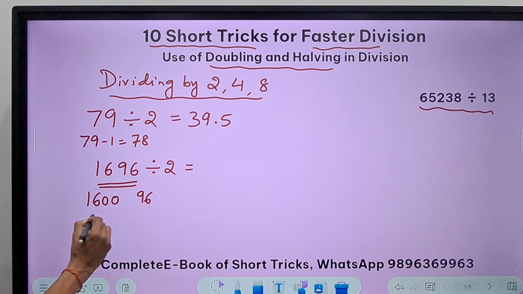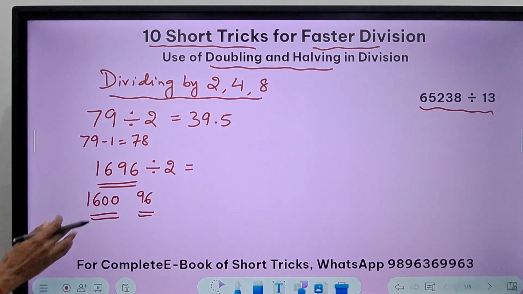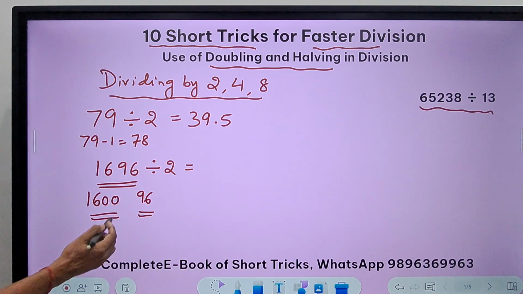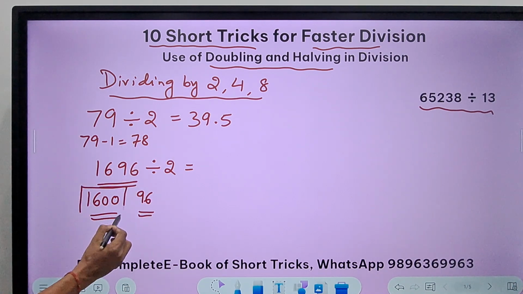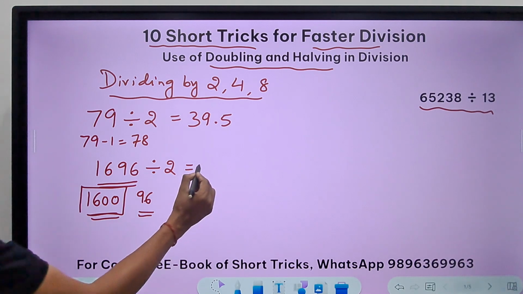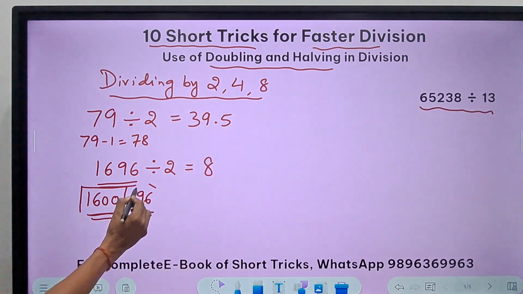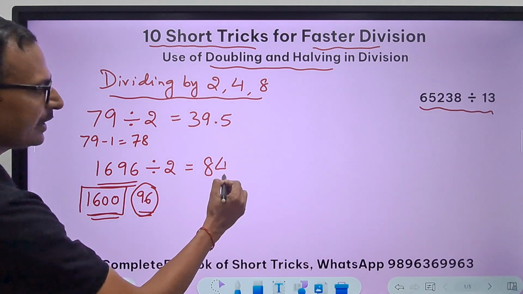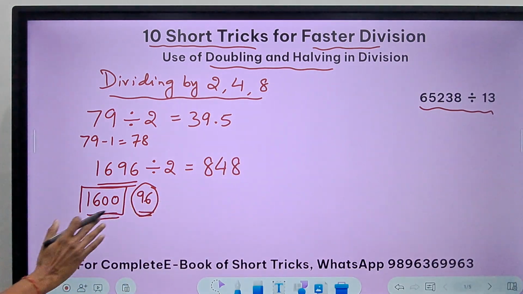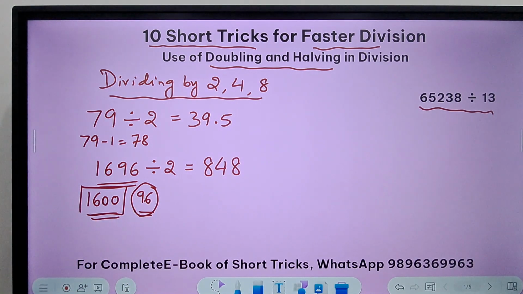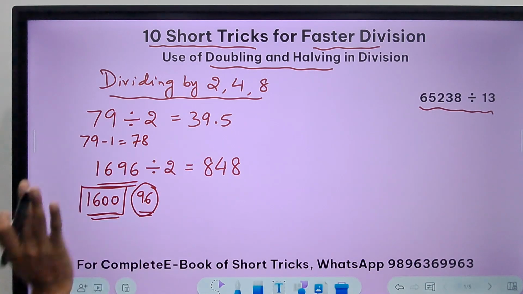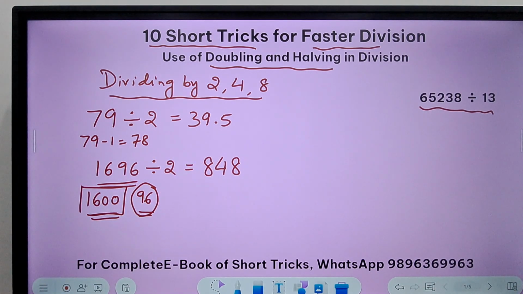So this is mental maths now: you have to think about the number 1696 as 16 hundred and 96. Now halving is all the more easier, because taking half of 1600 is pretty easy, that is 800, and taking half of 96 is easy, it's a 2-digit number, so 48. Therefore 848 is the half of 1696, or when you divide 1696 by 2, you get 848.